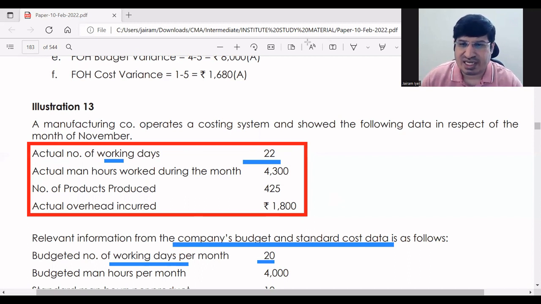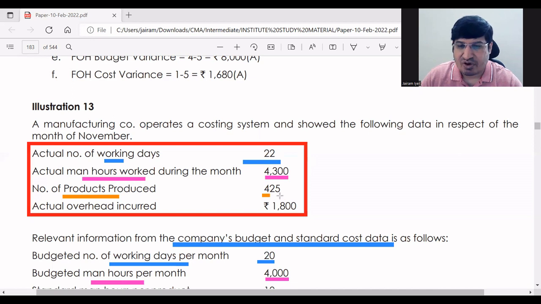Okay, so the next thing is actual hours worked. This actual hours worked is 4,300 and budgeted hours is 4,000. Okay, then we have got data of number of products produced, okay.